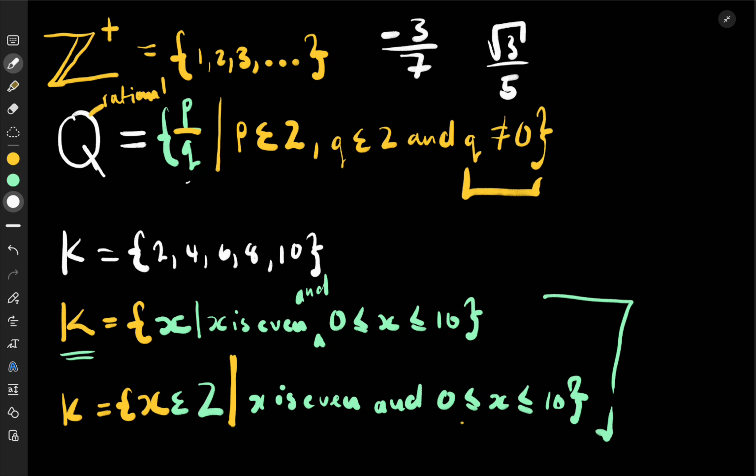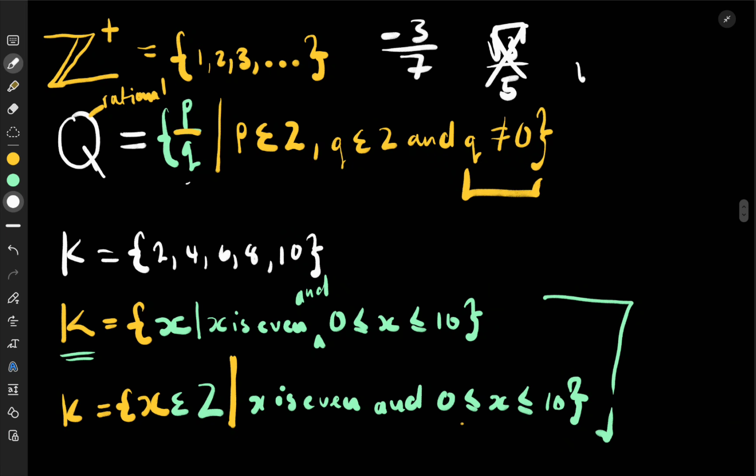No, it's not, because root 3 is not a whole number. But 5 is a whole number, but root 3 is not, so it can't be a rational. So this is out. What about root of 4 over 5? Yes, this is rational. Why? Because root of 4 is just 2. So you can simplify it to be 2 over 5, where 2 is a whole number. 5 is a whole number, so that makes it rational.